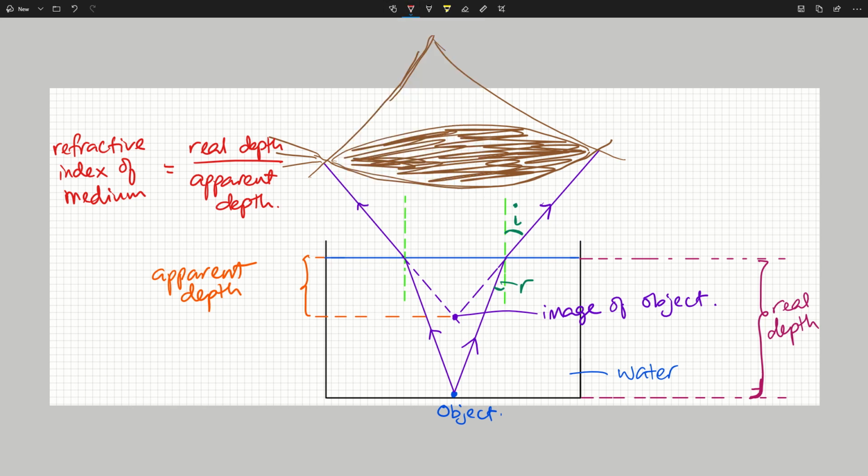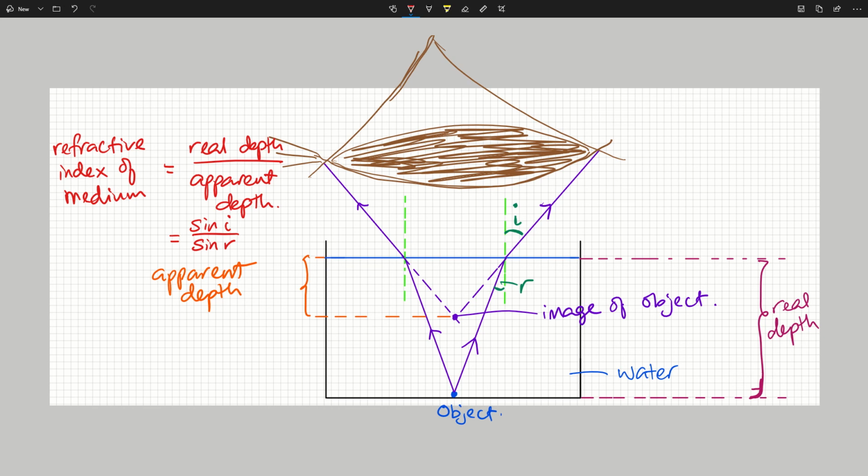So refractive index of the medium is also equal to sine i over sine r. Okay, refractive index is also equal to sine i over sine r.